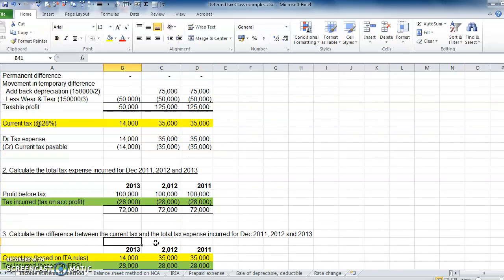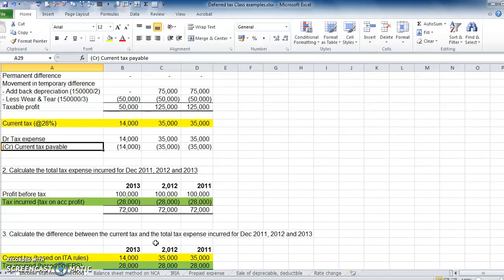Calculation 2, we need to calculate what is our total tax expense that we incurred. So our profit before tax is 100,000 for all 3 years. It means that our tax incurred, the tax on our accounting profit, will be 28%. We get to that by saying 100,000 times 28% will give us 28,000. So our profit after tax will be 72,000.